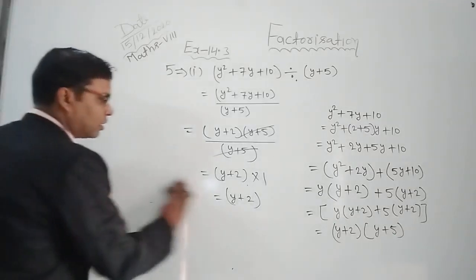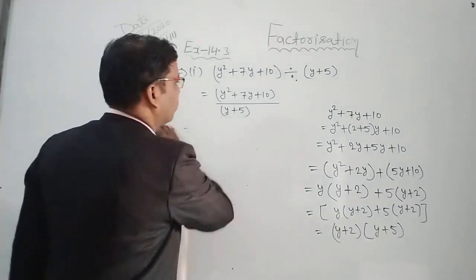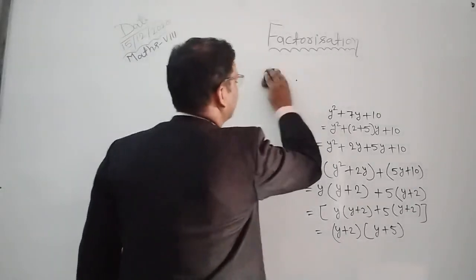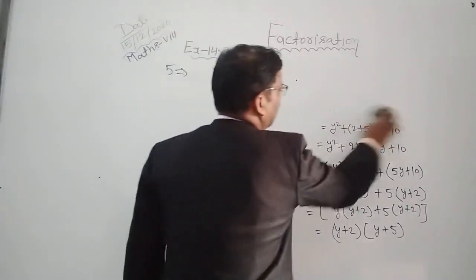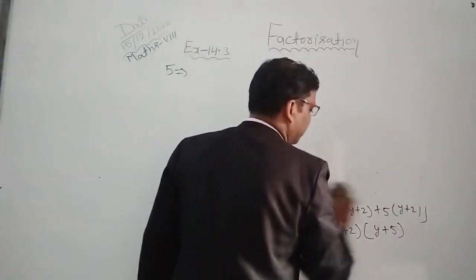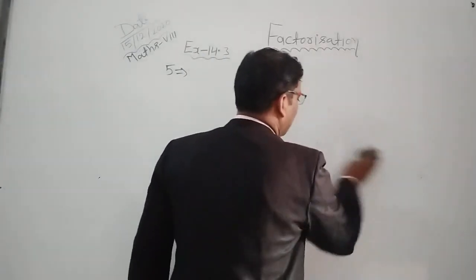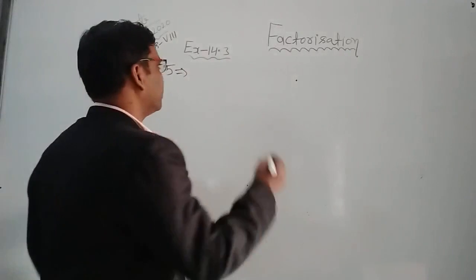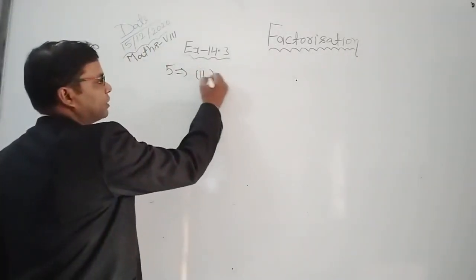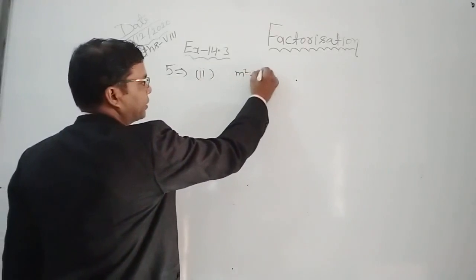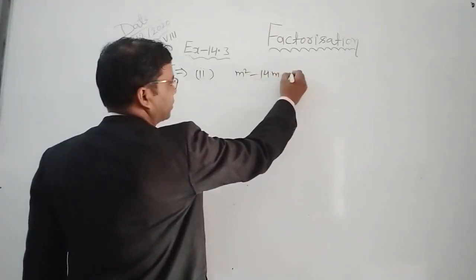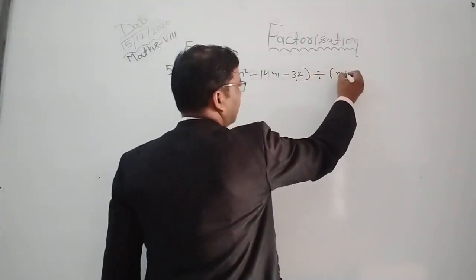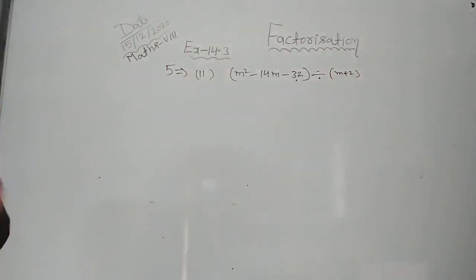Let's see how to find the factors of m square minus 14m minus 32, and how to find the quotient if we divide it by m plus 2.